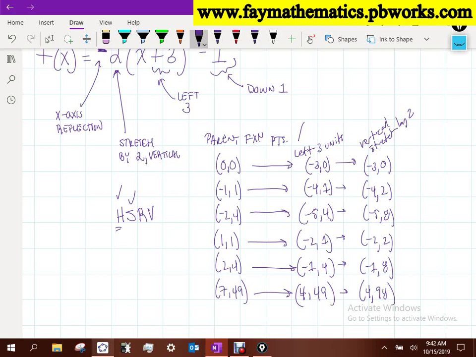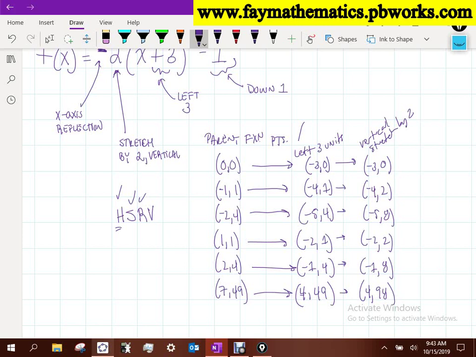Now, we've got a reflection, right? Now, do I have an x-axis or a y-axis reflection? X-axis. So when I reflect across the x-axis, which values are altered? The y's. Okay? So they're altered by just the negative, right?